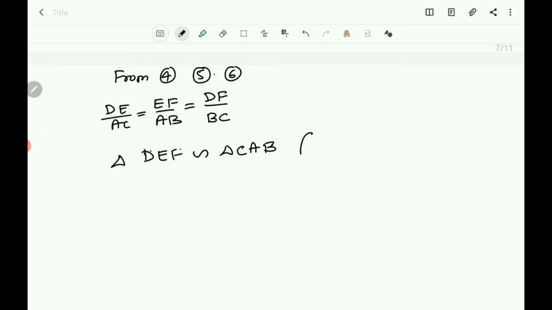The similarity criterion used is SSS, because the corresponding sides are in the same ratio. So it is SSS similarity criterion.